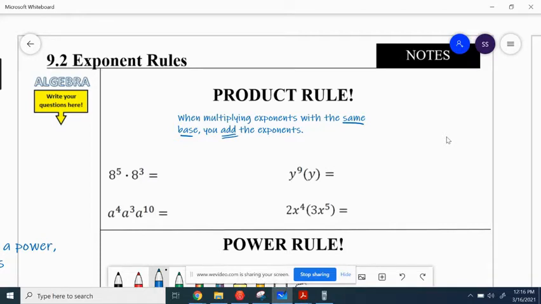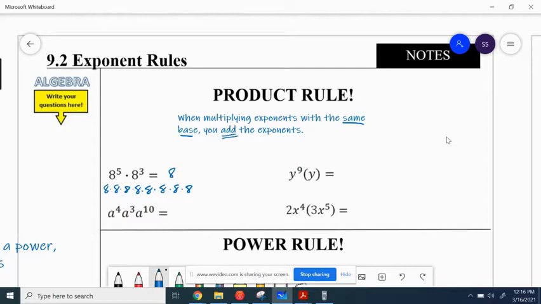This first one we have down here is 8 to the 5th times 8 to the 3rd. Okay, well, 8 to the 5th, we know from last lesson, is just 8 times 8 times 8 times 8 times 8, right? And then 8 to the 3rd is just 8 times 8 times 8. So what do we really have here? I have 8 to the 1, 2, 3, 4, 5, 6, 7, 8th power.